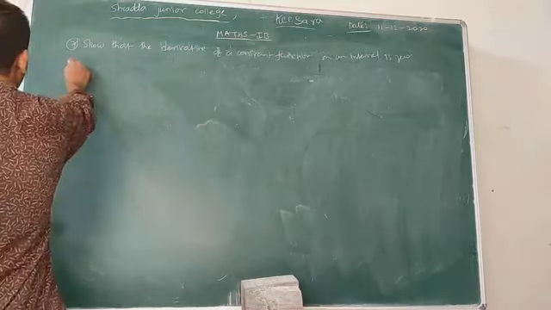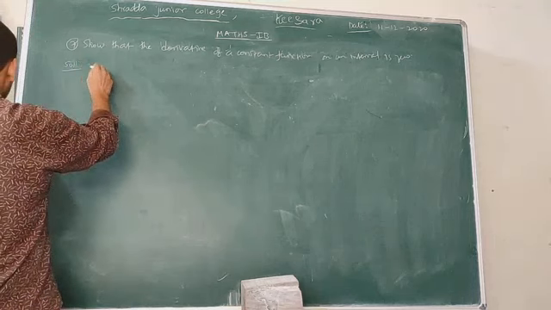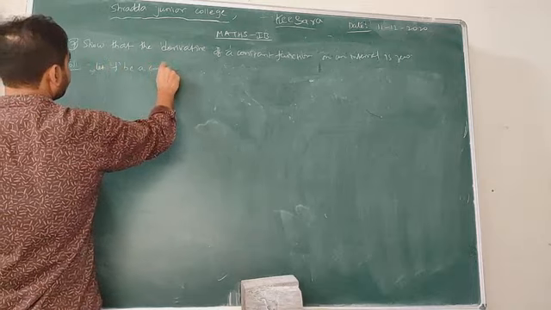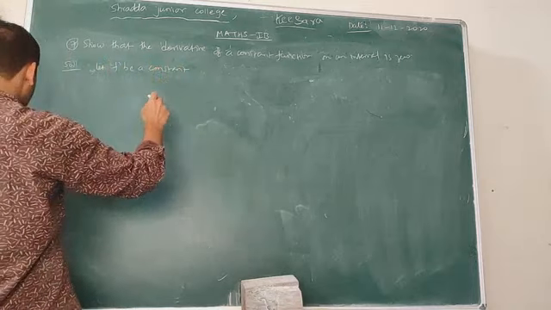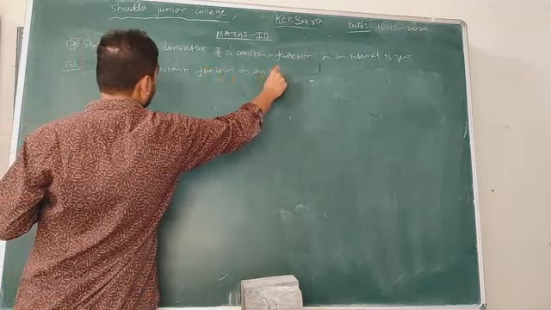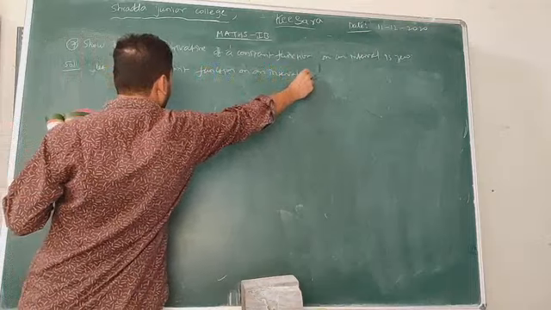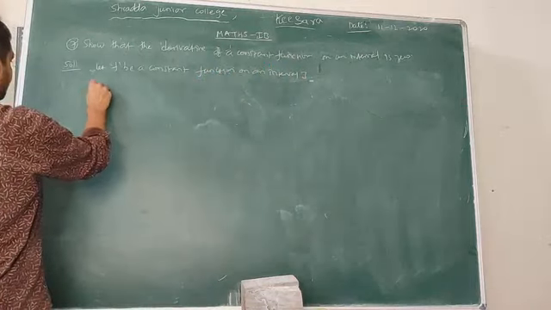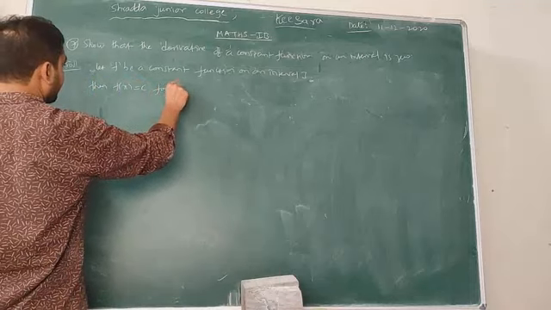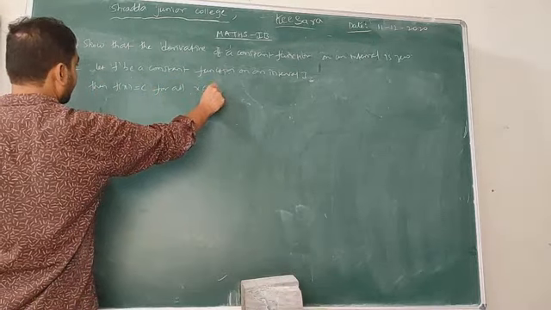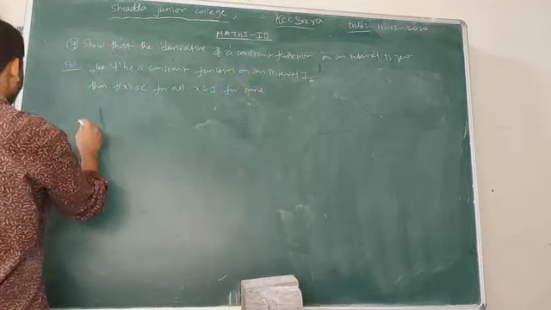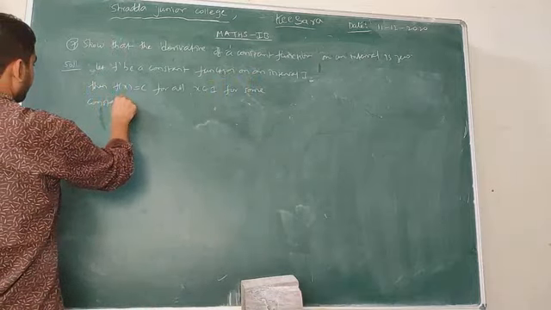See now, let f be a constant function on an interval I. Then f of x equals to c for all x belongs to I, for some constant c.